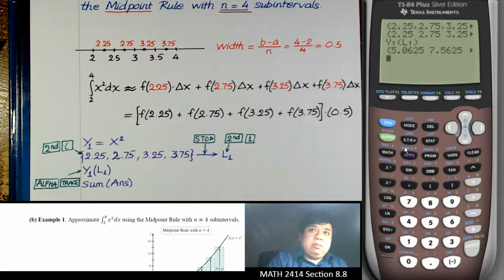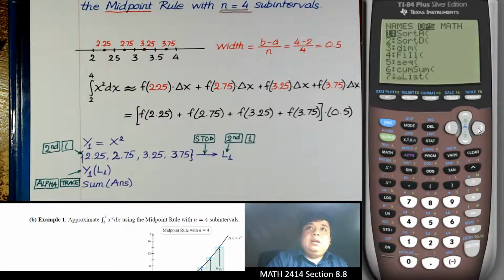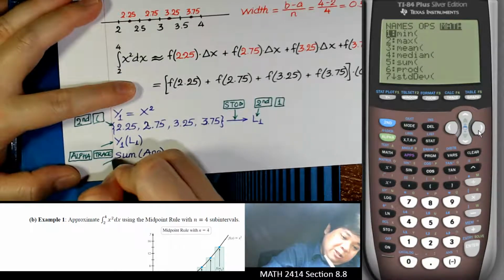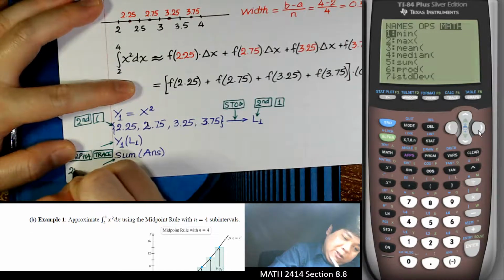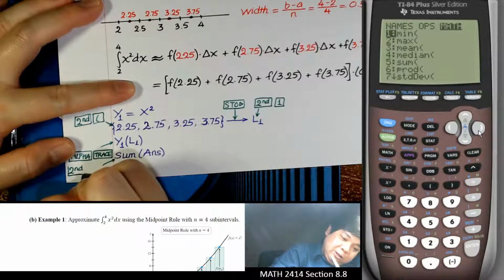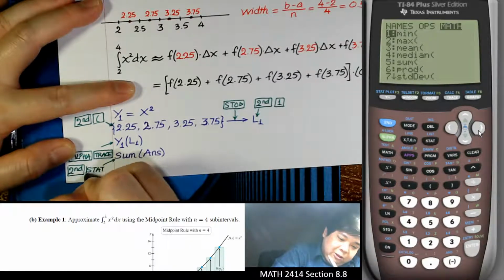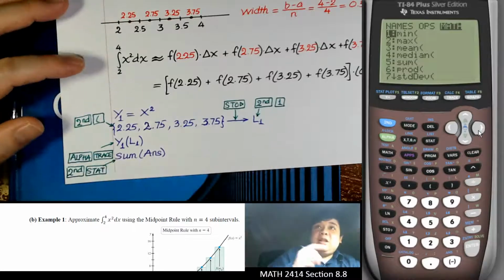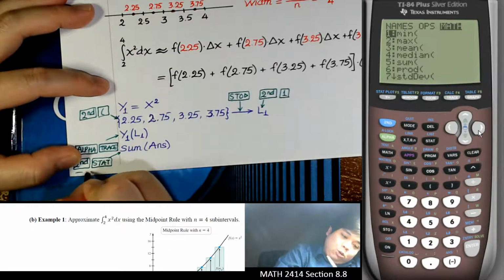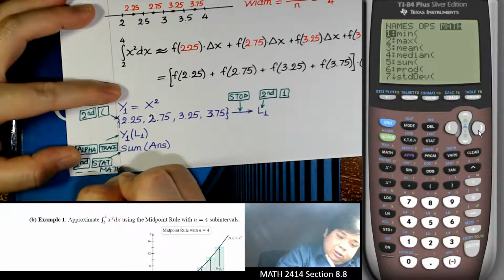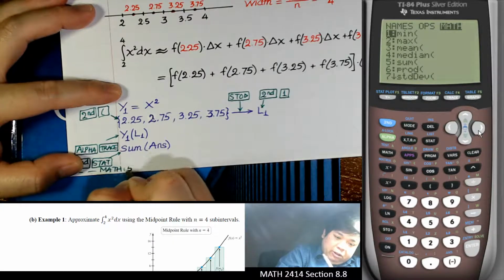To get the sum, it's second stat, go to math, option number 5.